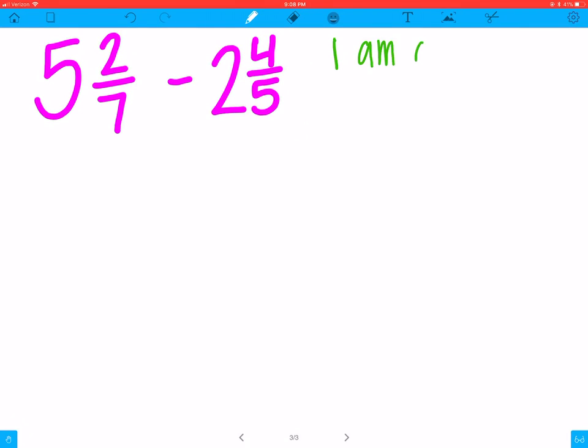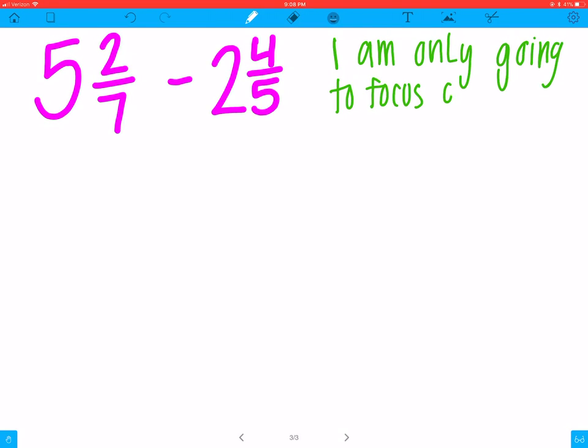Again, I am going to focus directly on the fractions first. I just feel more comfortable with that. And I don't want this to be, like, a half an hour long video. That just sounds terrible. So I'm going to focus on the fractions, and I will be circling the 2/7 and the 4/5.